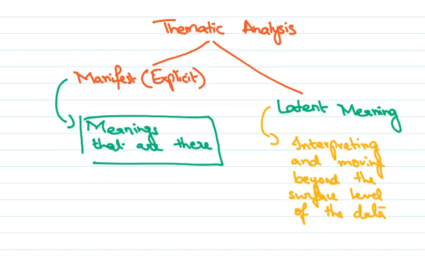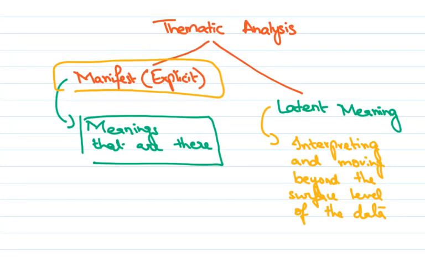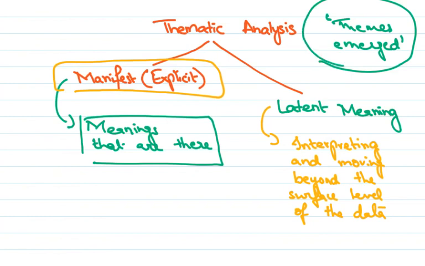Now, this is not to say that in manifest, when we're looking at meanings that are present, there's no interpretation involved. There is always interpretation involved, no matter what you're doing, right? Similarly, a lot of researchers using thematic analysis use this language in which they say themes emerged. A lot of researchers have problems with this terminology, because they say nothing emerges in itself.